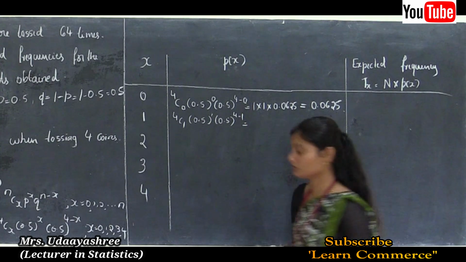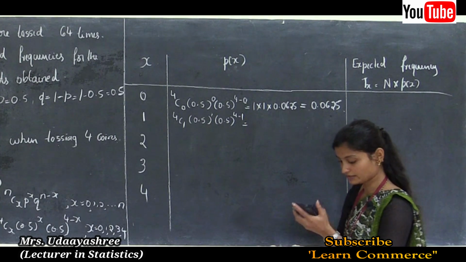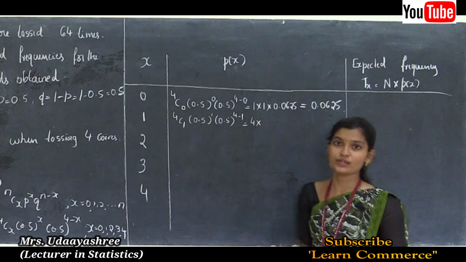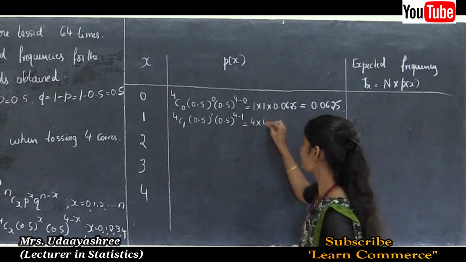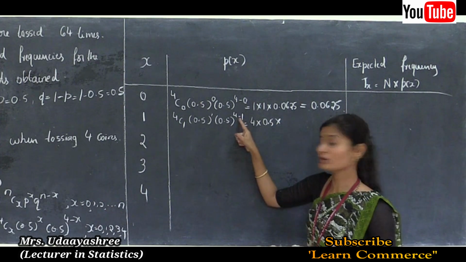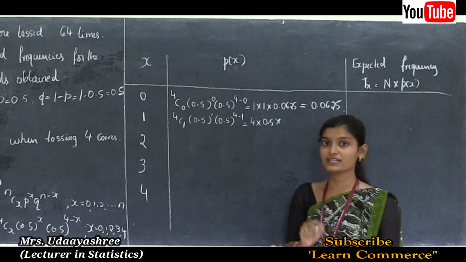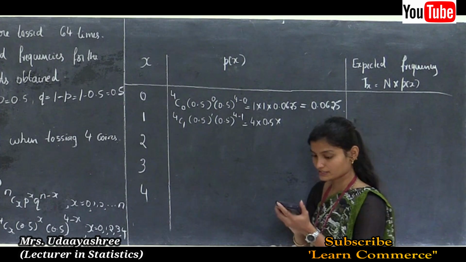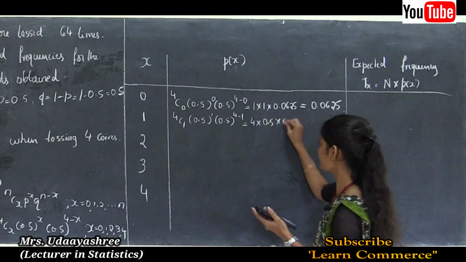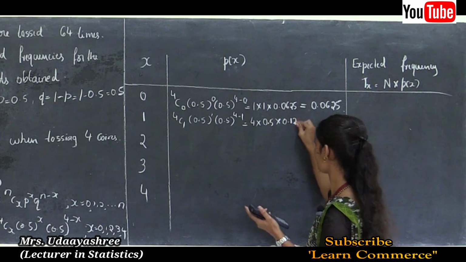This is equal to 4C1 is 4, into 0.5 to the power 1 is 0.5, into 0.5 to the power 4 minus 1, that is 3. So 0.5 to the power 3 is 0.125.